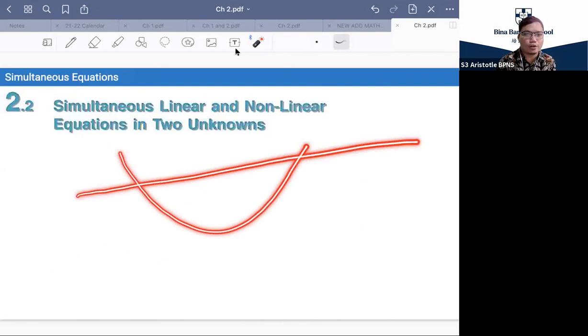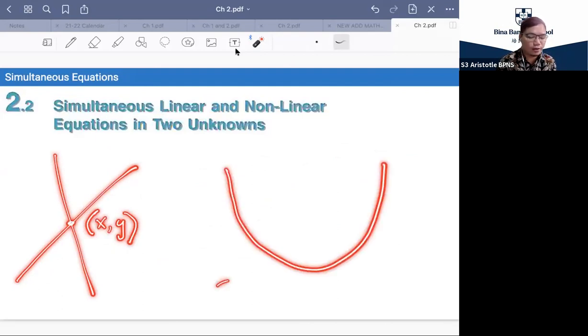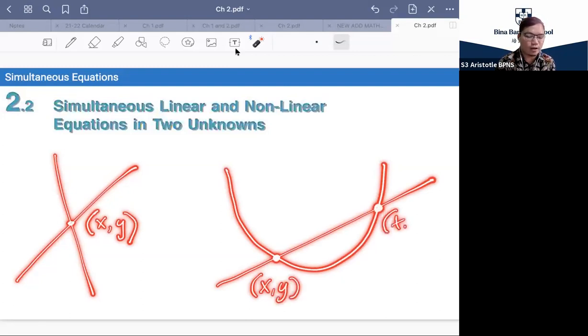How many points do you think there are? Unlike two lines, which only produce one answer, x and y, correct? What if you have a curve and a line? You produce 2 points, so you have two sets of x and y. And that's what we are going to do for today.